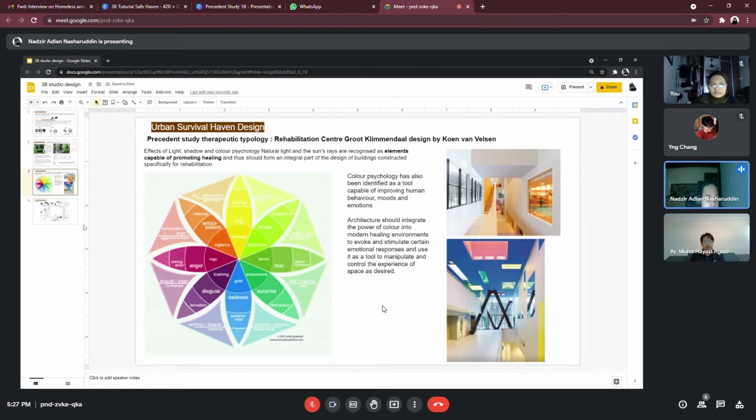In a way, this is kind of like a poetic approach, so this is what I will adapt later on in my design. Color psychology has been identified as a tool capable of improving human behavior and emotions. So I strongly believe that architecture should integrate this into design. This is also to support the concept of promoting healing.